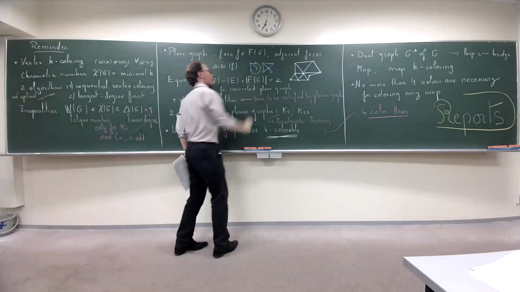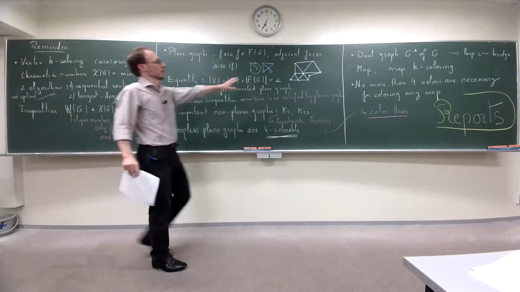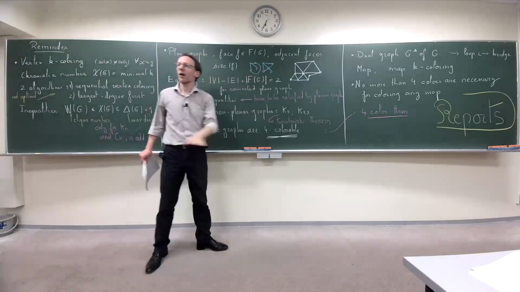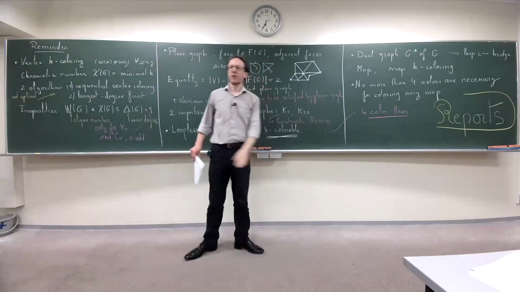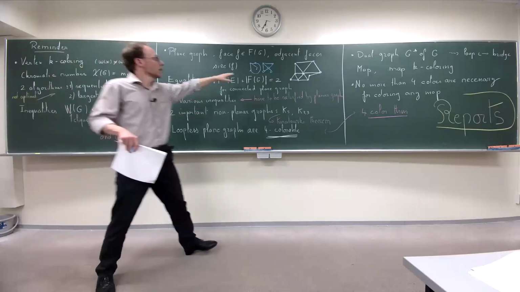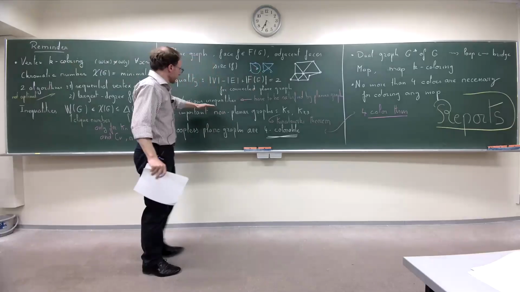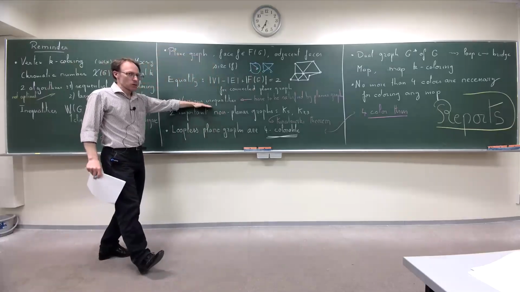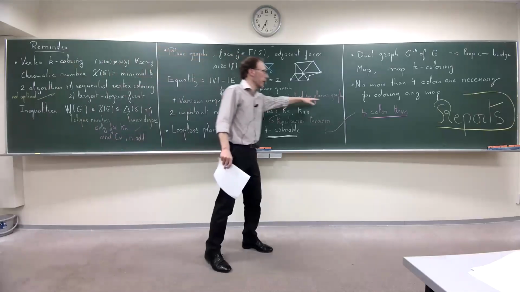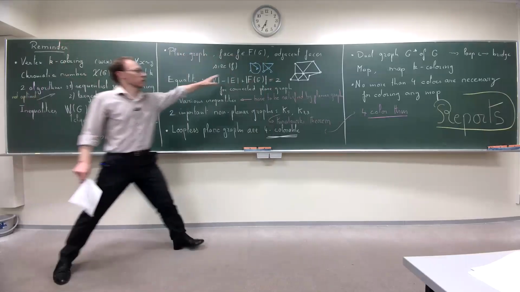And now on the left, it is a plane graph. So the difference is, this is not a plane graph, this is one. A graph which can be put as a plane graph is called a planar graph. So it's not yet a plane graph, but there is an opportunity to make it a plane graph. And since we have inequalities, these inequalities have to be satisfied for any planar graph. If they are not satisfied, it cannot be transformed into a plane graph.